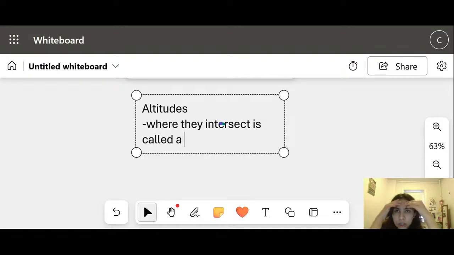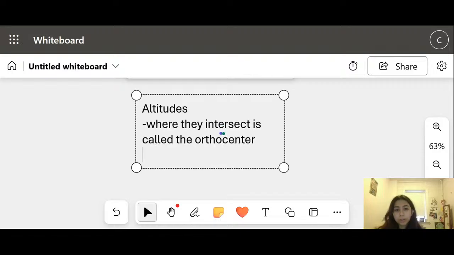There's the incenter and there's the orthocenter. The incenter, I think, is the angle bisectors, and the medians might be the orthocenter. What is it called where the altitudes intersect? I'm really praying this is because I'm sleep deprived. Orthocenter. It's called the orthocenter. I'm gonna cry.